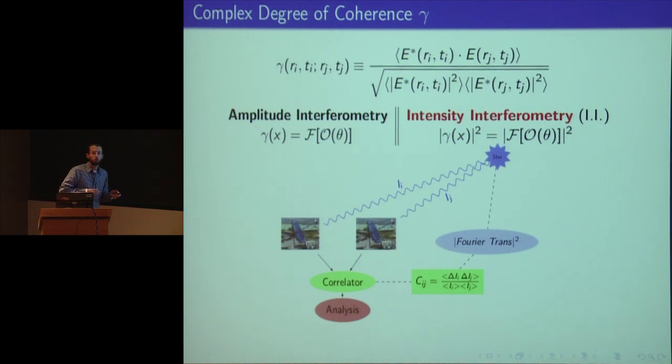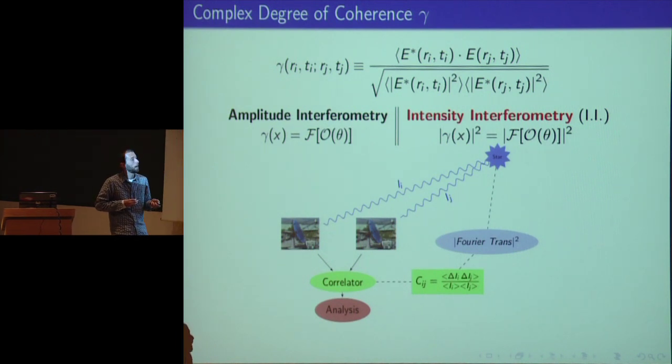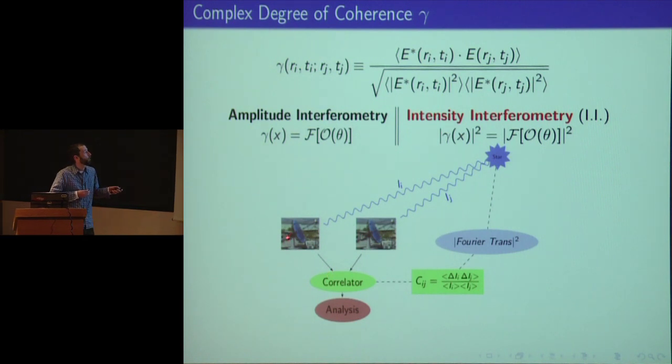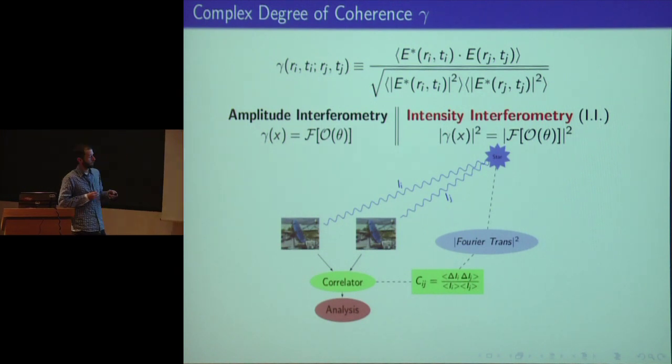But you can also correlate intensities. That is, you can record the electronic signals received at two detectors and correlate them. Now, it can be shown that when you correlate intensities, you have access to the squared modulus of the Fourier transform of the object in the sky.